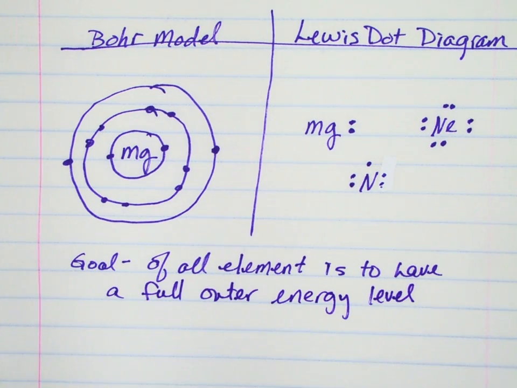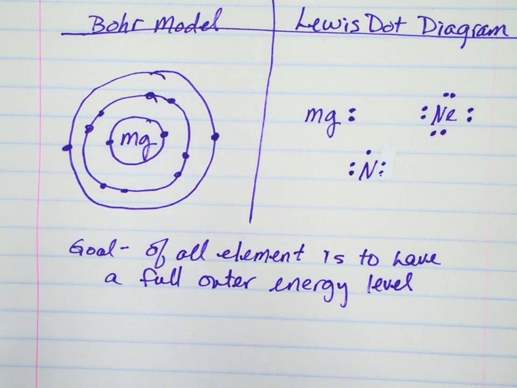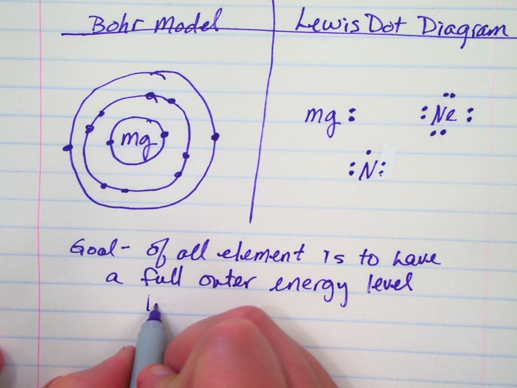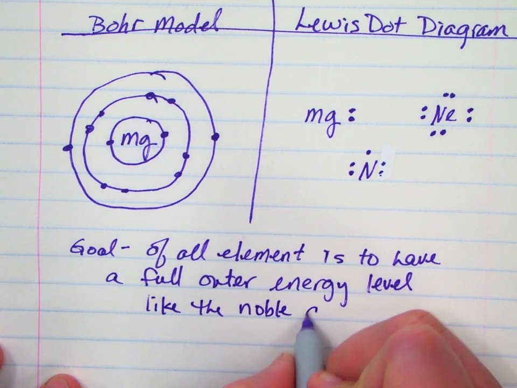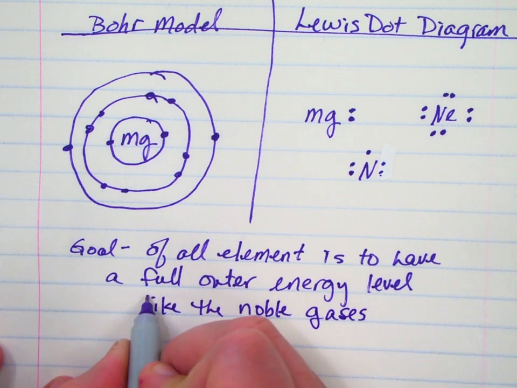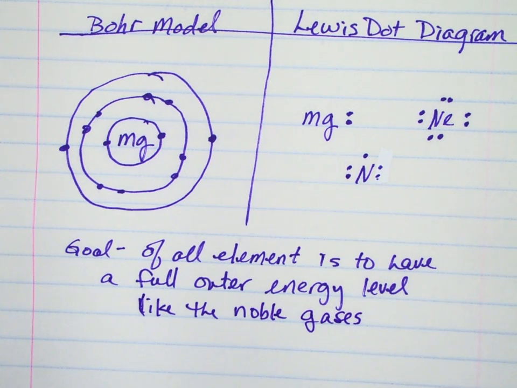They want to be like neon. They want to have all 4 sides, 2 electrons, nice and pretty. And they go to some extremes to do that. Now the noble gases are inert. They don't react. They don't do anything because they're already happy. The other elements want to be happy like that, but they can't.